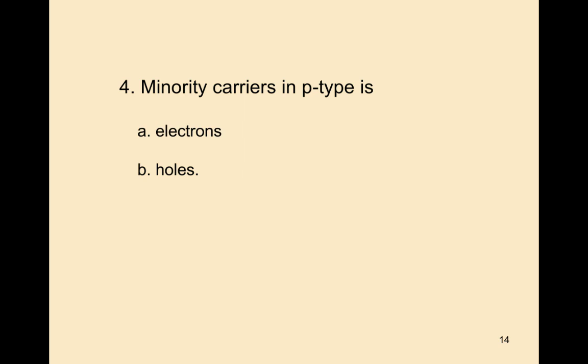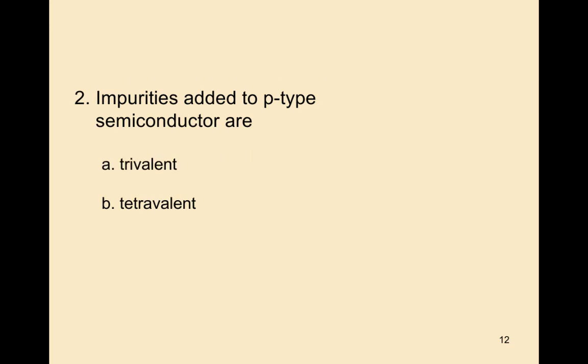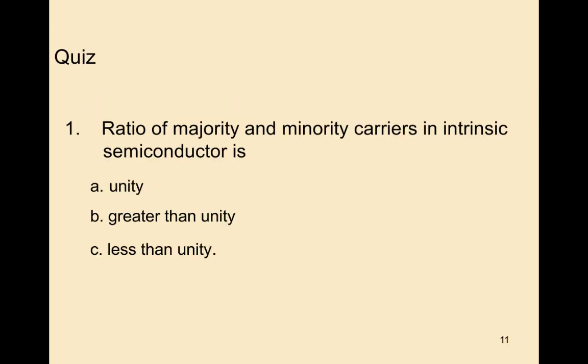Once again we repeat the quiz questions. First question: ratio of majority and minority charge carriers in intrinsic semiconductor is unity, greater than unity, or less than unity.